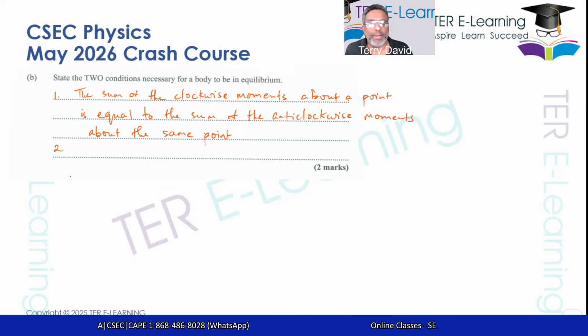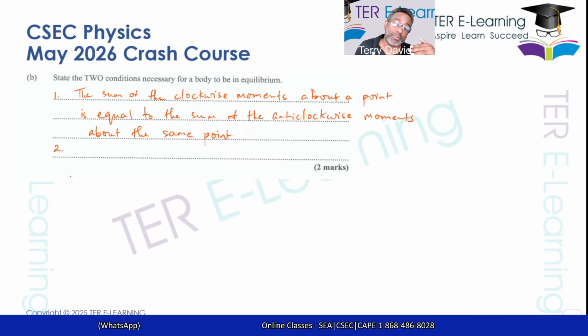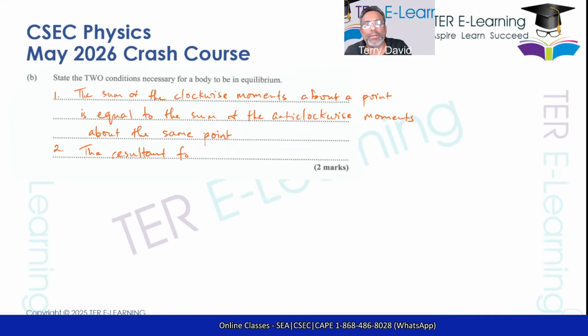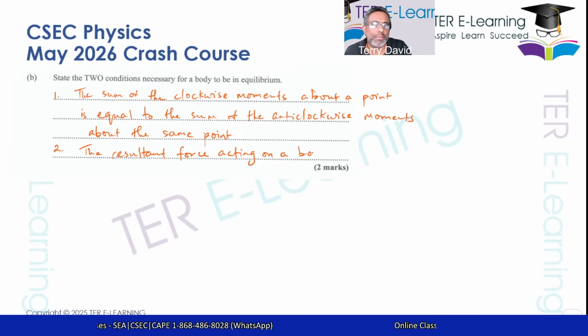The second one, and some people sometimes put for their answer, the sum of the upward forces is equal to the sum of the downward forces. That is acceptable. Or you can also say the resultant force acting on a body is zero.